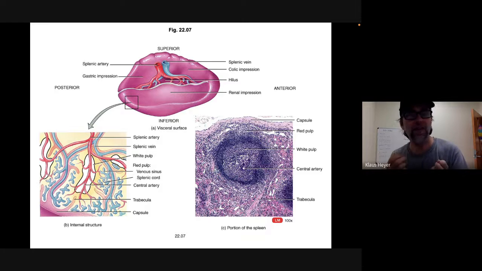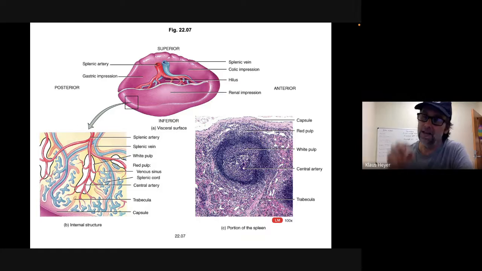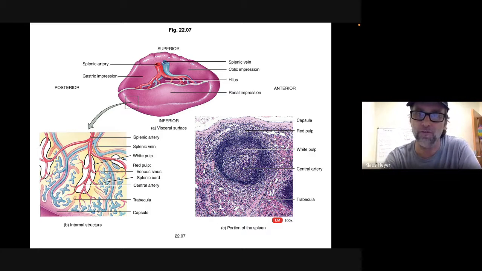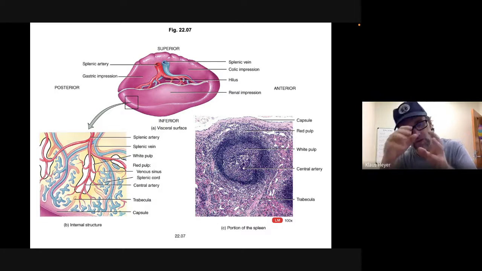In case you swallow a piece of bacteria and it grabs onto your esophagus on the way down to the stomach and tries to burrow through and get into your blood, sometimes these lymphatic nodules will catch them, and they're filled with macrophages. So the macrophages will just eat the bacteria.